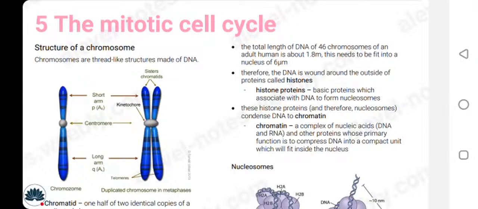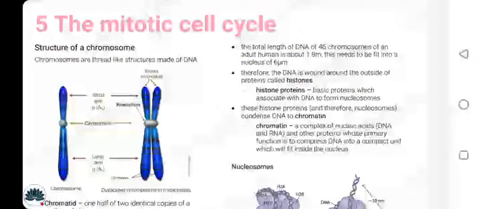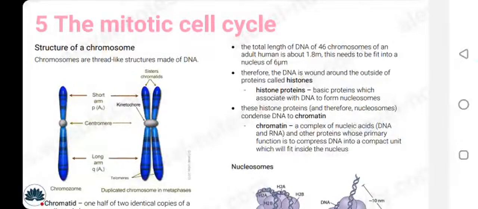So 1.8 meters is essential for you to remember. The size of the DNA and the size of the chromosome is essential for you to learn. This 1.8 meters needs to fit into a nucleus of 6 micrometers. So how can 1.8 meters fit into 6 micrometers?